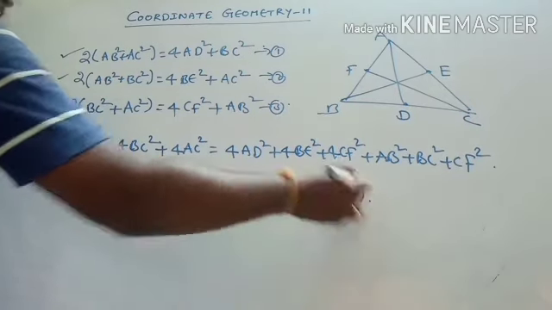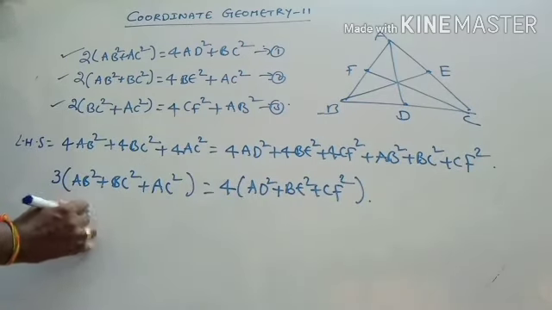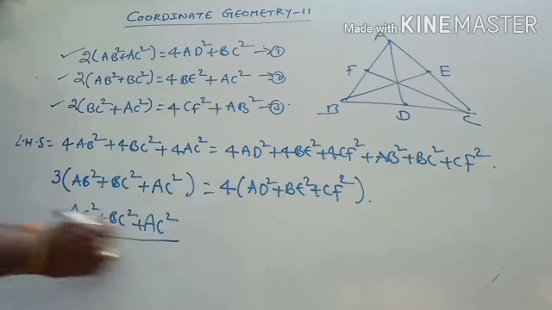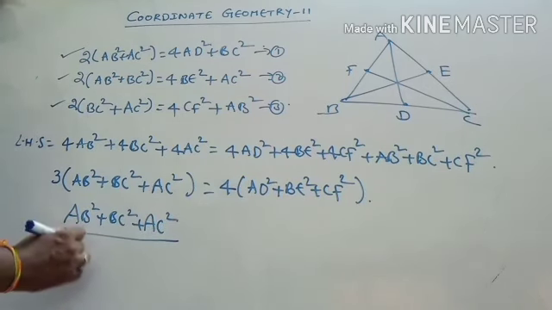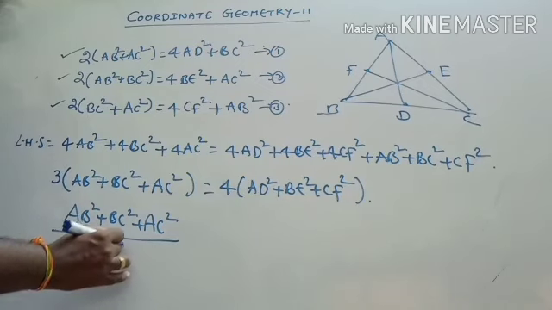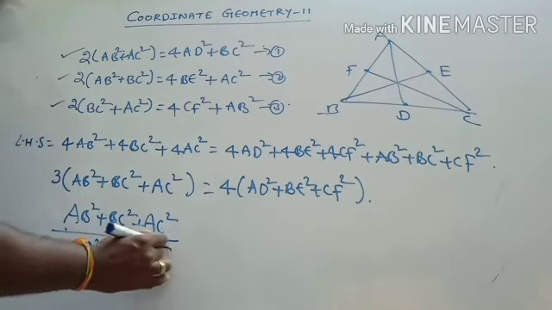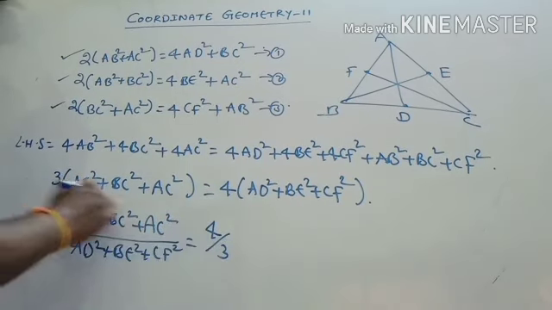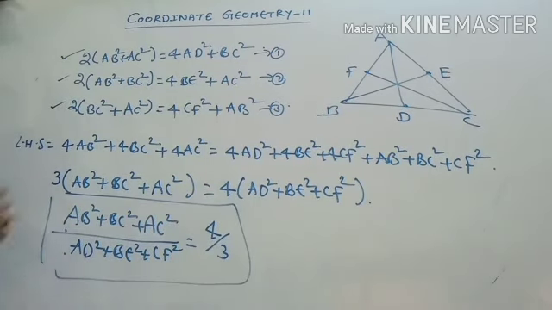But we want AB square plus BC square plus AC square, this whole thing divided by AD square plus BE square plus CF square. That is nothing but 4 by 3. Therefore, the answer is 4 by 3, which we have achieved using the Apollonius theorem.